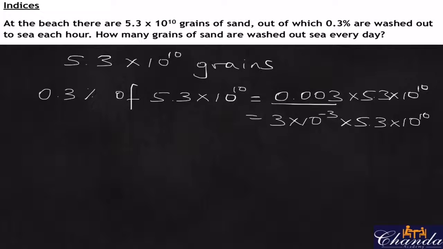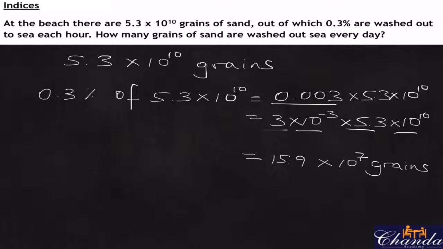Now, using our knowledge of first index laws, we know that 10 to the power of negative 3 times 10 to the power of 10 is simply 10 to the power of 7. And then 3 times 5.3 gives us 15.9. So 15.9 times 10 to the power of 7 grains get washed out to sea every single hour.